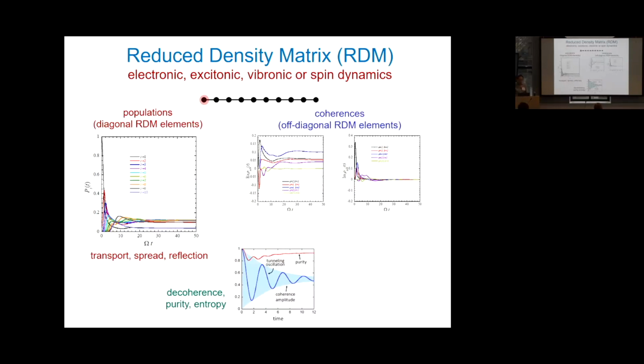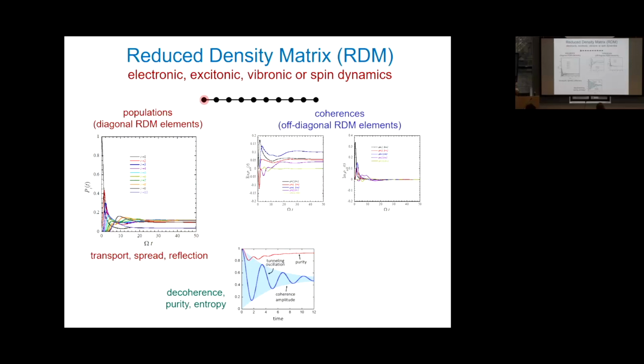So now I'm going to stop talking about methods here and talk about something related to this that I think is actually kind of nice. Let's look at the reduced density matrix that we have calculated using these methods or other methods, any method. Using this cartoon example here, say a tenside system could be a tight binding Hamiltonian or a molecular aggregate with excited states and so on.